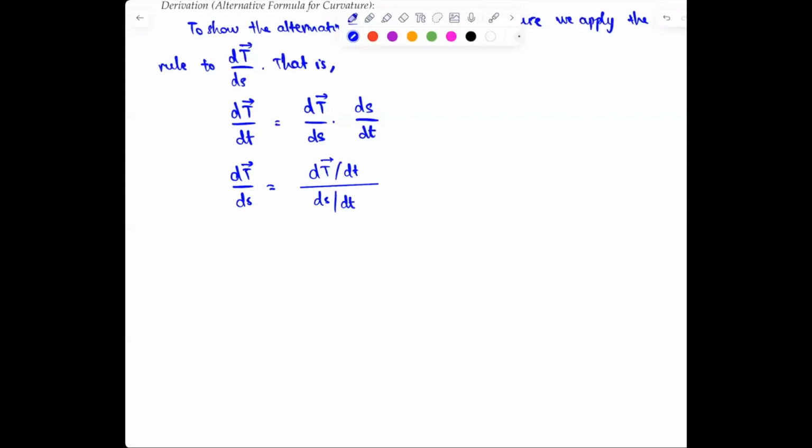Okay, so dT/ds by definition is how quickly the unit tangent vector turns per unit length. Now, if we want to make a measurement of this change, we have to find the magnitude.